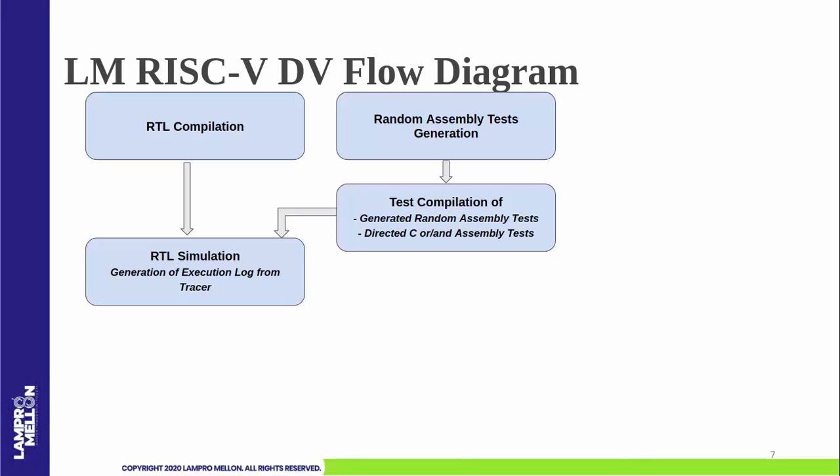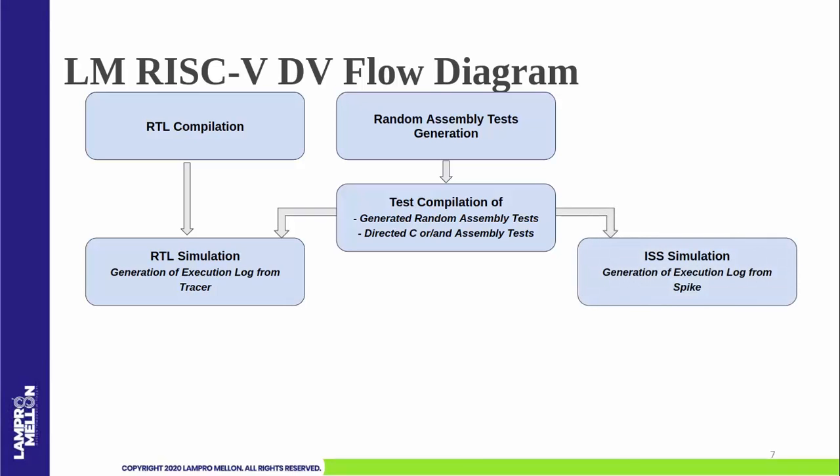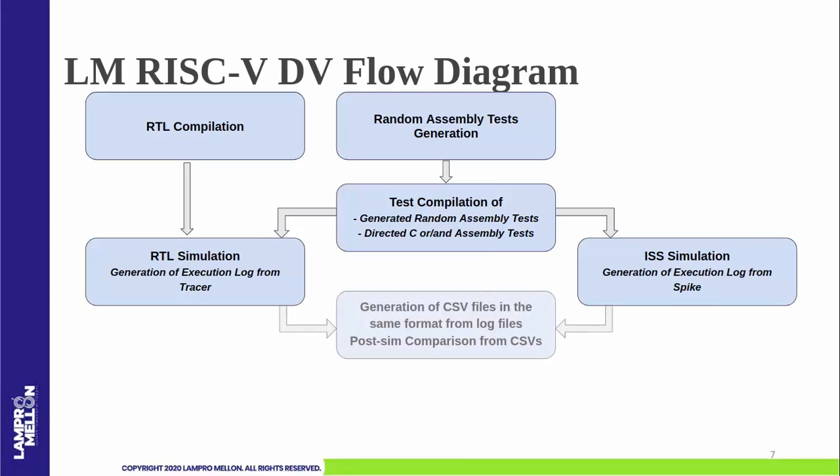Now, for verifying the functional behavior of the core, we need to compare the execution log with some golden reference, which is Spike ISS in our case. On simulating the test on Spike ISS, an execution log is generated but in a different format from the tracer's execution log. So before post-simulation comparison, both the log files are converted into CSVs in the same format.